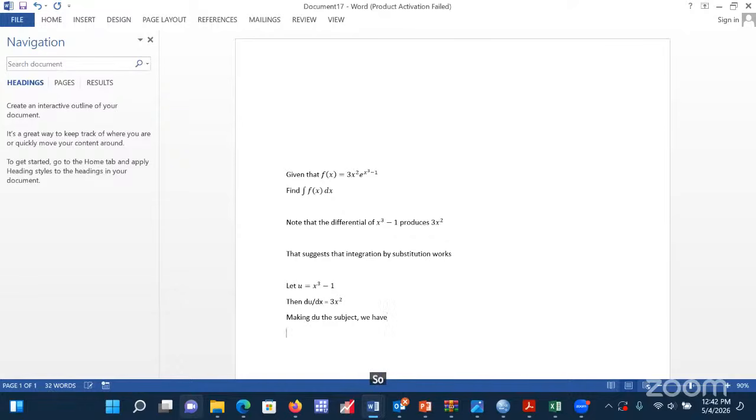So if you make du the subject, you will have du equal to 3x squared times dx. Okay? So what it means is that I can now go ahead and substitute.